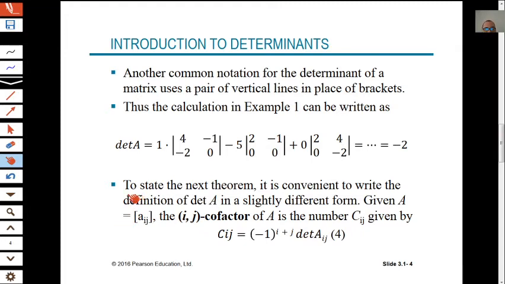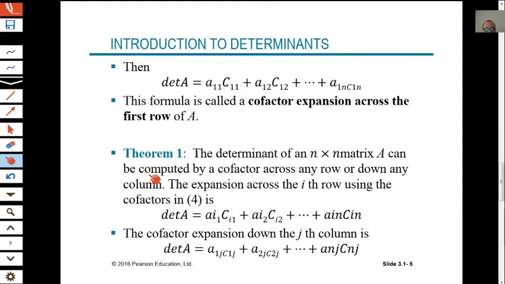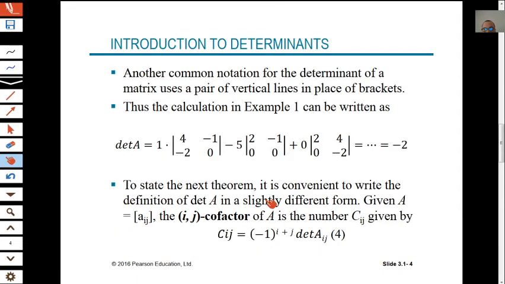And to state the next theorem, we have a theorem here. It is convenient to write the definition of the determinant of a matrix in a slightly different form. Given a matrix A ij, n by n, we have square matrices.